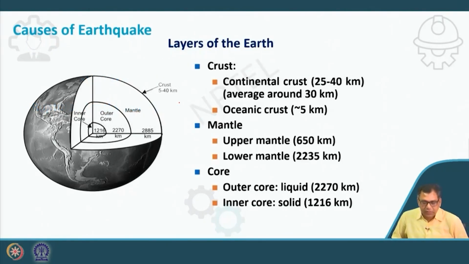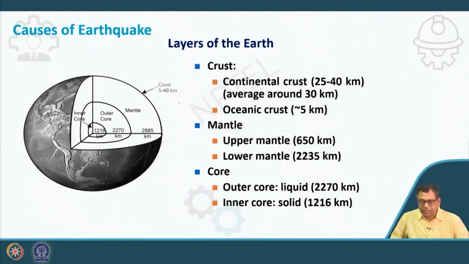First we discuss the first cause, that is the movement of tectonic plates. So we should know what the layers of the earth are. The earth is divided into three major layers: crust, mantle and core. Now the crust can be continental crust or oceanic crust.